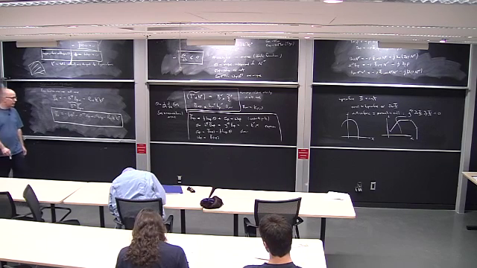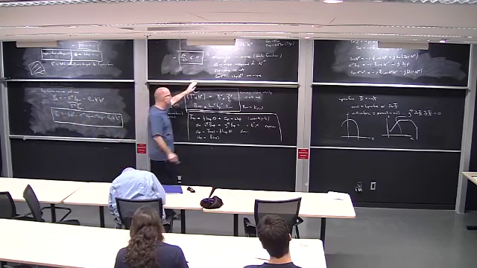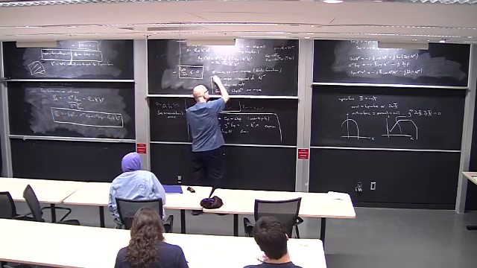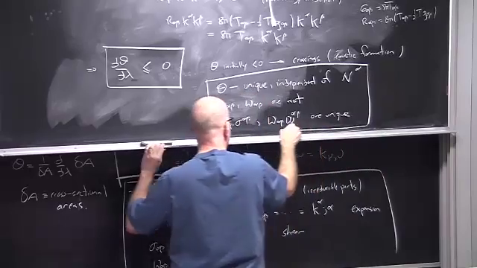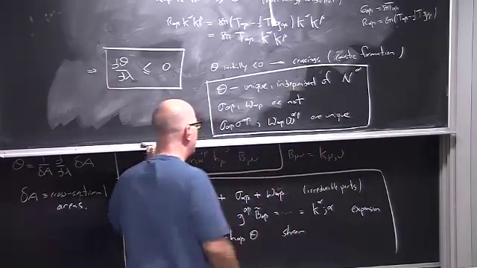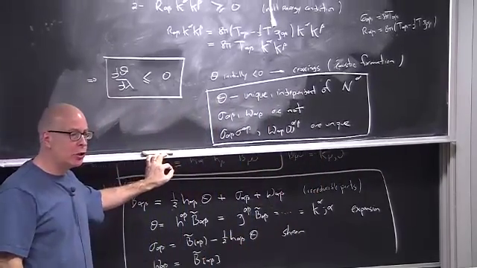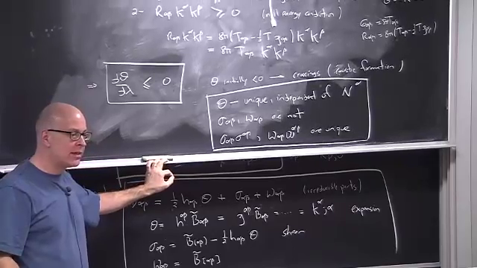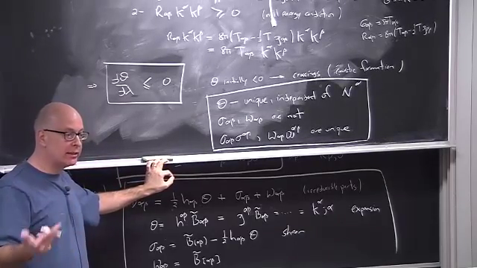Because if it's 0 for one choice of n, that's the only way that sigma squared can be 0. And sigma squared being 0 means that sigma itself has to be 0. And if sigma squared is unique, then the sigma that we get out of it has to be unique as well.